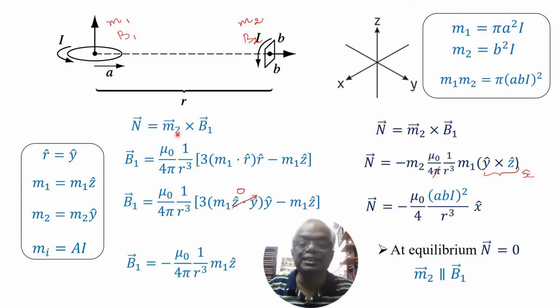Here you can see B1 is along the z direction, so m2 must be along the z direction, but the negative z direction, because both must be parallel. This is at the equilibrium condition. So thank you very much for watching my video and supporting me continuously. Thank you very much.